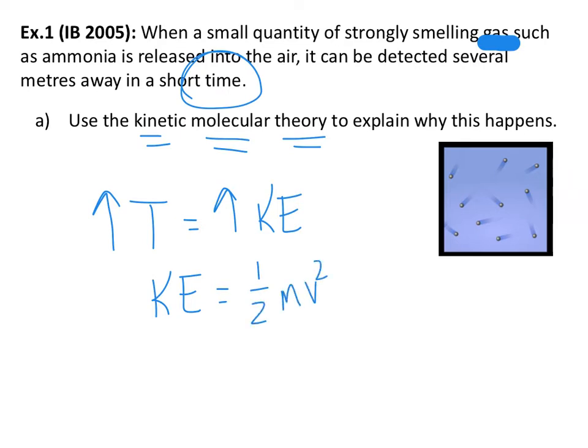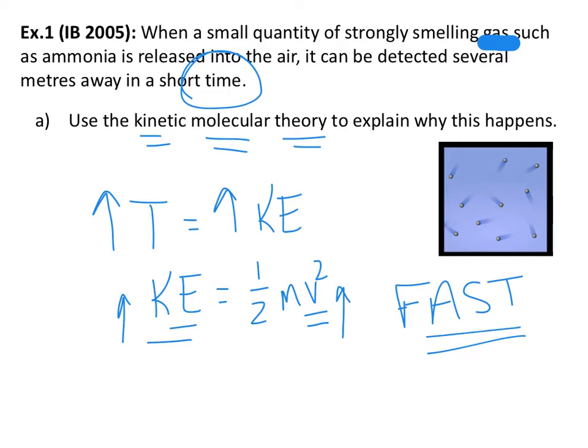And while you don't have to have that memorized, you should know that kinetic energy is not directly or linearly, but proportional to the velocity. Basically, if I increase the kinetic energy, I increase the velocity. So the bottom line is those particles are moving fast. So if they move fast, that takes very little time.